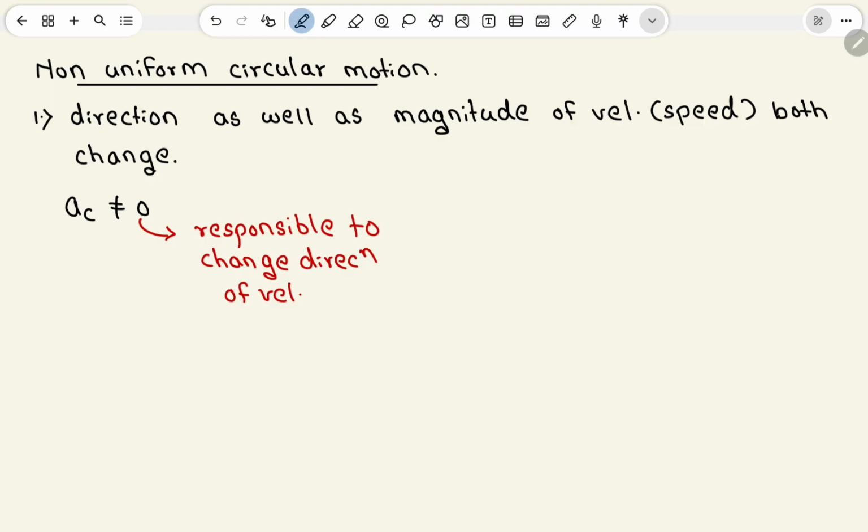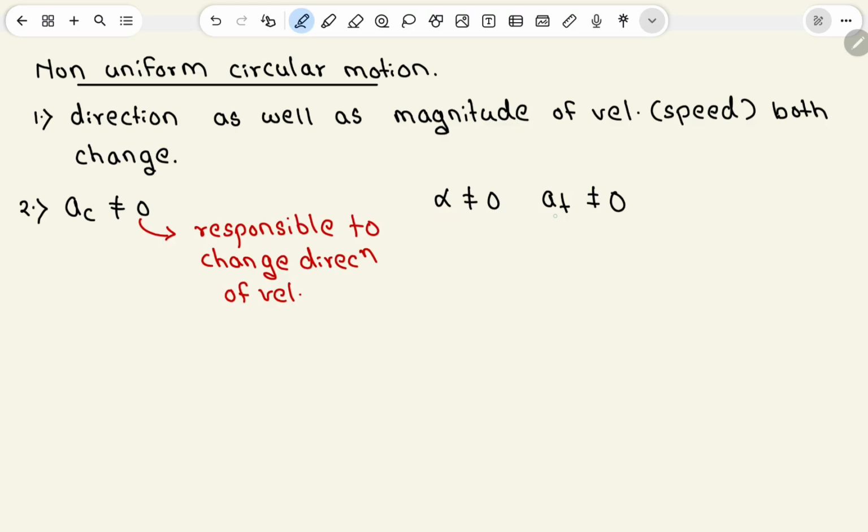Okay, now let's get back. So in non-uniform circular motion, we have non-zero centripetal acceleration as we had in uniform circular motion, but along with non-zero centripetal acceleration, we also have non-zero angular acceleration and non-zero tangential acceleration.